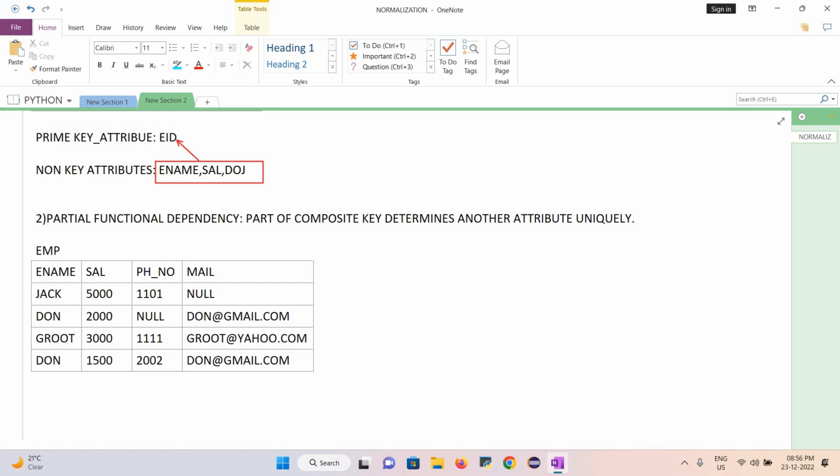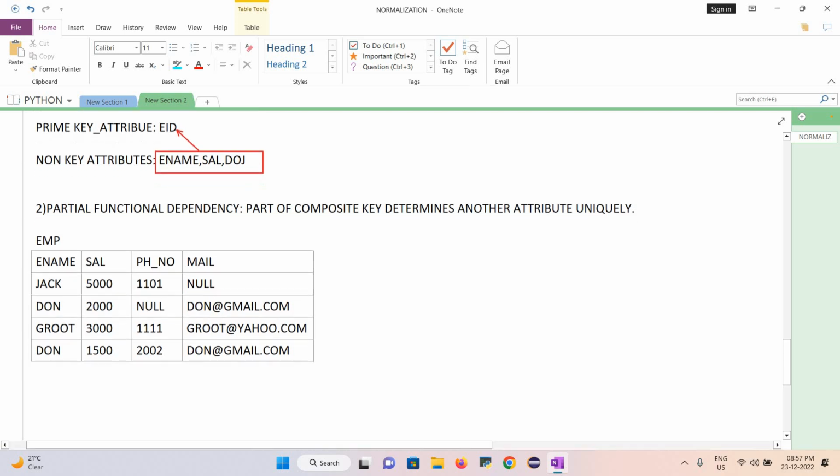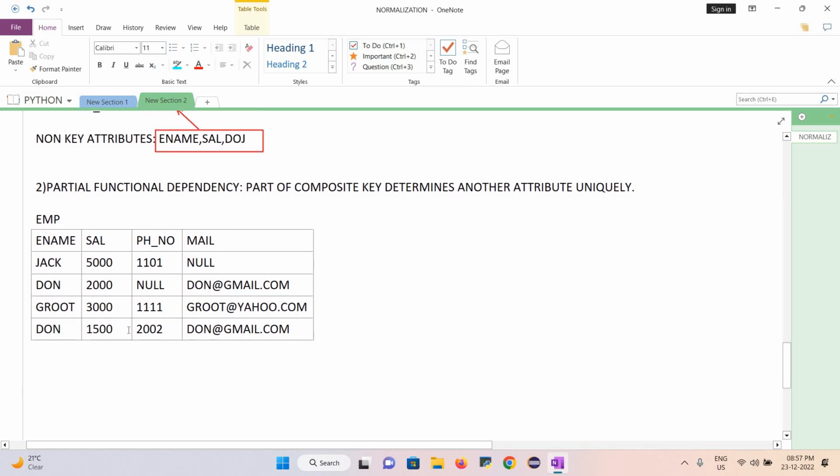I can easily say these are all non-key attributes. There are no key attributes present. But I want to identify. When I see this phone number and mail, when we were learning candidate keys, this column would have to be a candidate key, but according to this table I cannot say this is a candidate key.